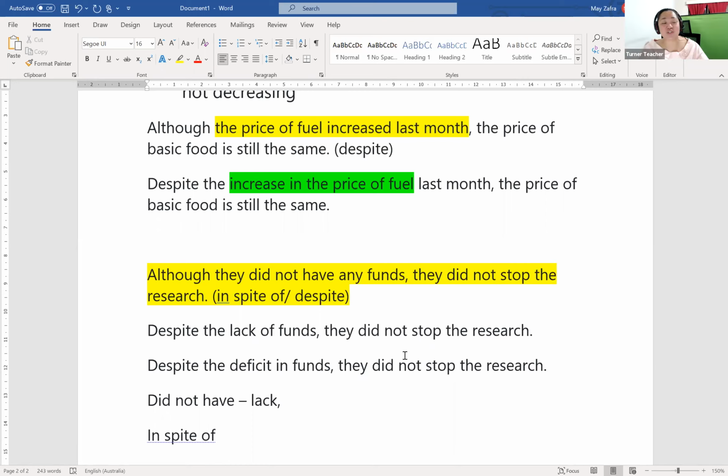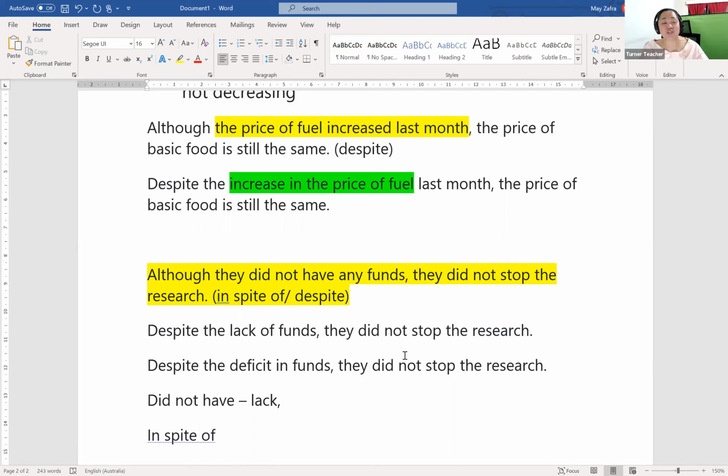But be careful with the use of despite the fact, Leda, because despite the fact is a collocation. I was dubious about that, but if I don't put the fact, then you have to put a noun that means the low prices.